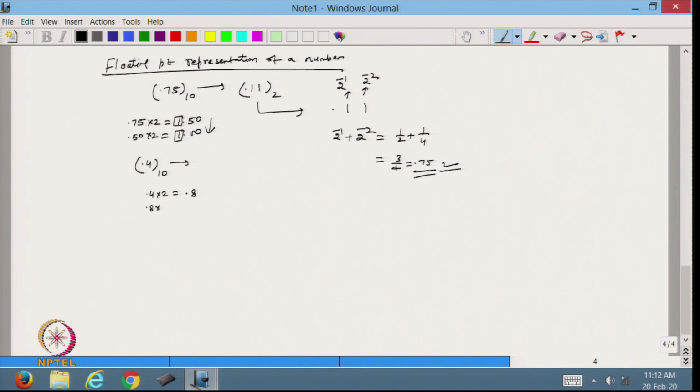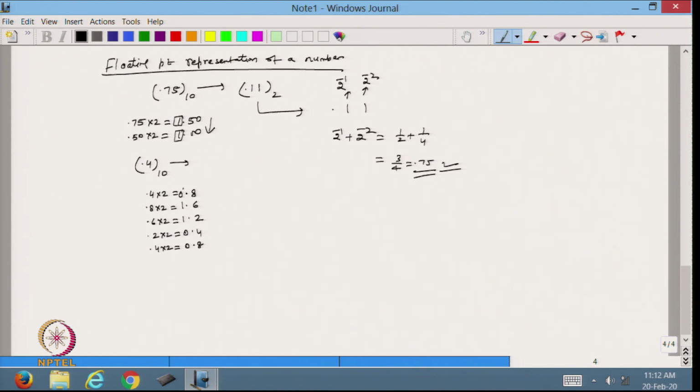Now I find 0.8 into 2, that is 1.6, then 0.6 into 2, that is 1.2, then 0.2 into 2, that is 0.4. So I can put 0 here. So 0.4 came again. Now I write 0.4 into 2, so it is 0.8, and then the same thing will repeat again and again.